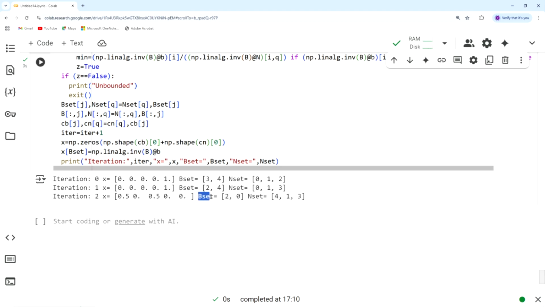So, 0 comma 2 became the B set and 1 3 and 4 became the N set. So, 0 and 2 are non-zero, as you can see, x0 and x2, but x1, x3 and x4 are zeros, right. So, that is the answer.